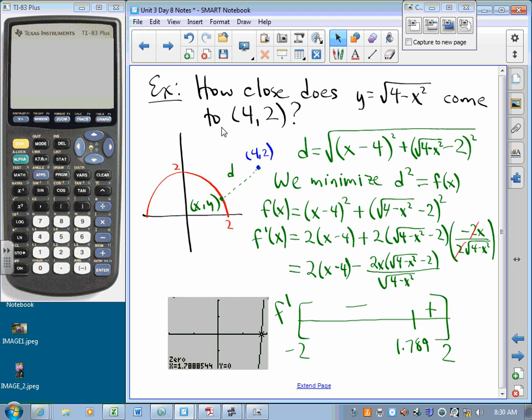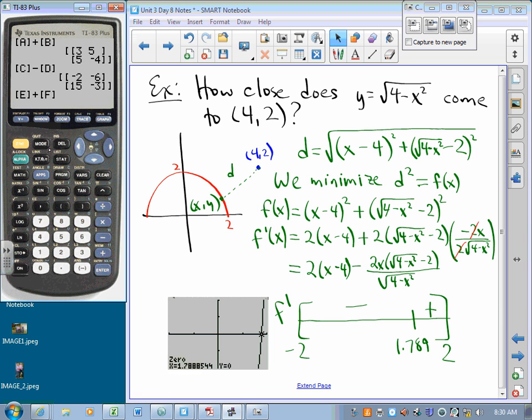So I know that the graph, the red graph, comes as close as it can to the blue point at x equals 1.789, and the only question is, what is that distance? So I want to figure out what that distance is.